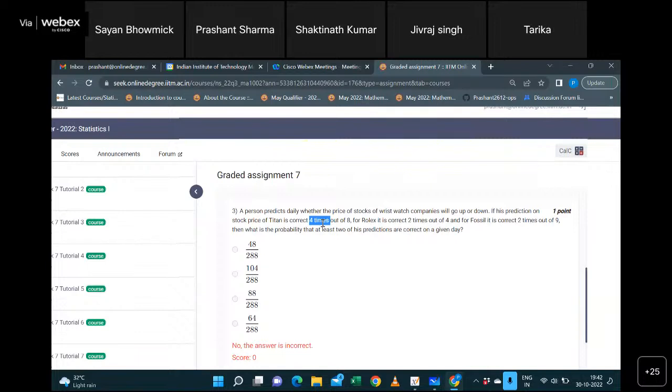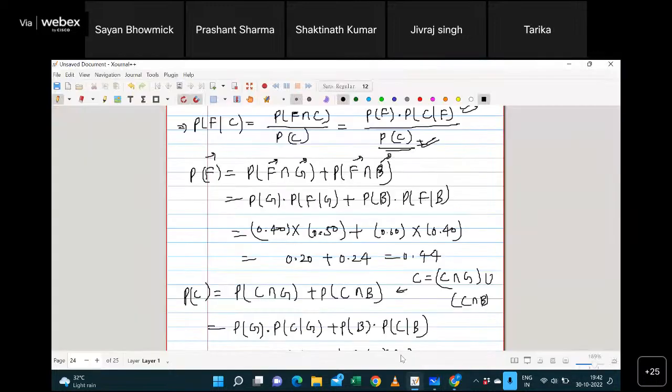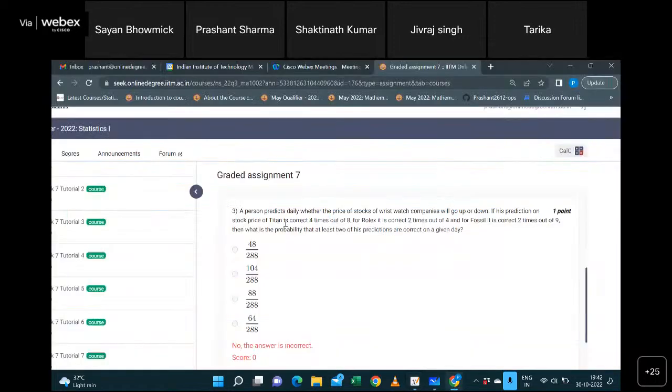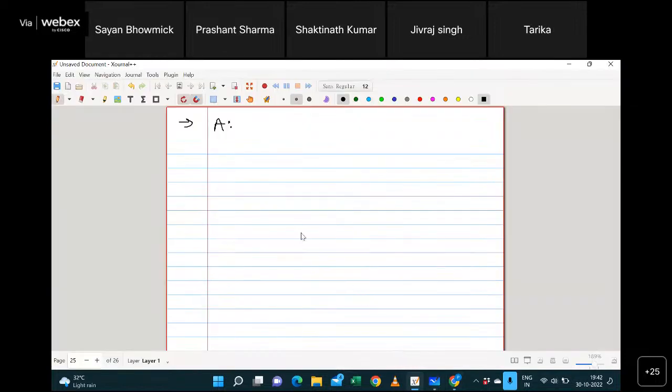That means, see, I can define events like in the probability thing. Just read every statement and try to write each and everything. So you can define event A: prediction of stock price of Titan is correct.